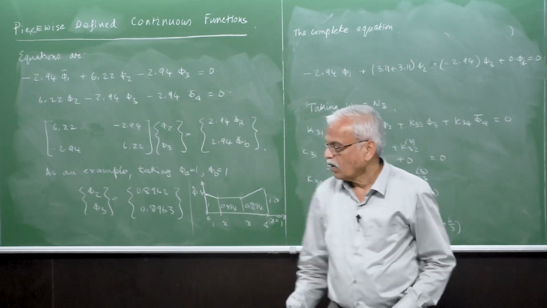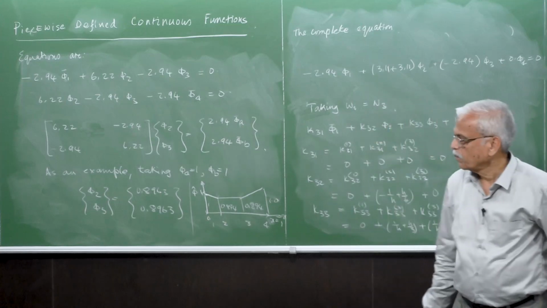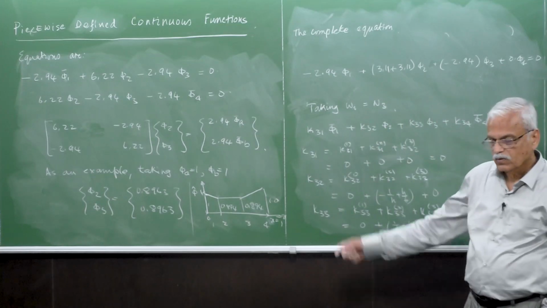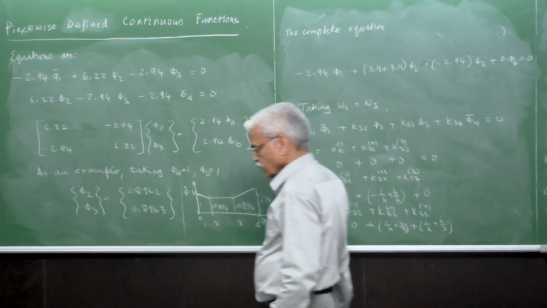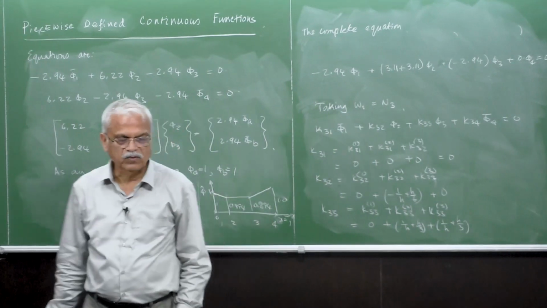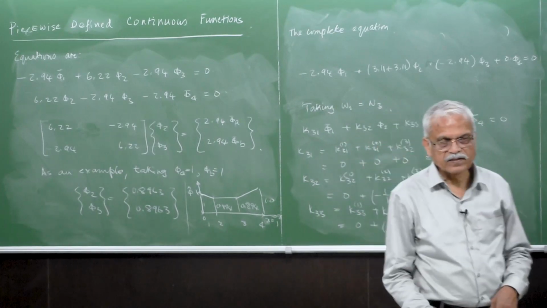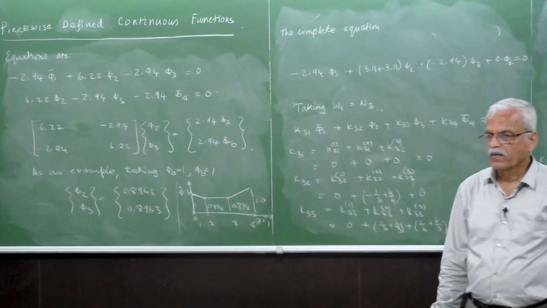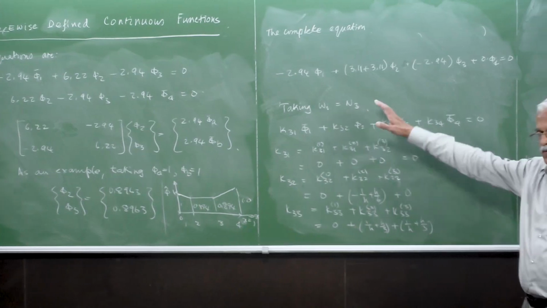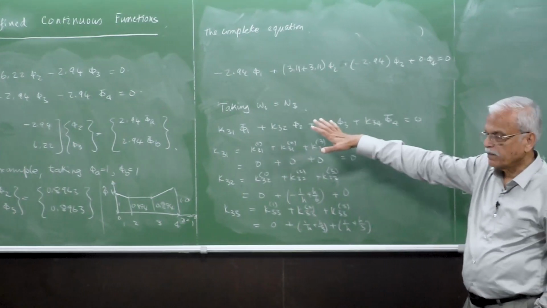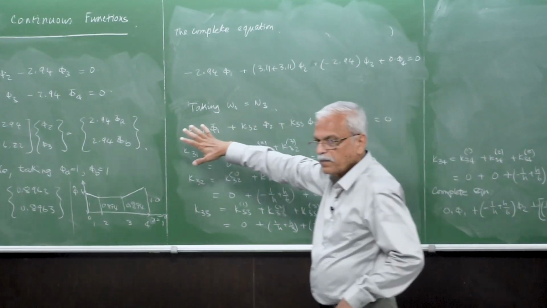Okay, so I hope you got the complete picture. It looks like there are too many terms to evaluate, and too many integrals that need to be evaluated. No, it's not. If you look at these things a little bit carefully, there are many zeros.